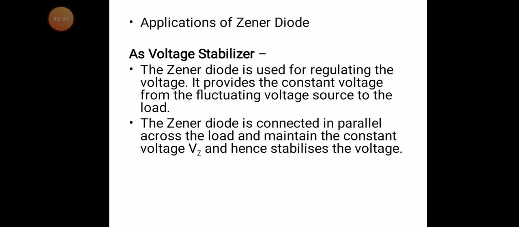If there is a hike in the voltage, the output voltage stays the same, and the hike is converted into current only. In this way it protects the device by regulating the fluctuating input voltage. The Zener diode provides a constant voltage from the fluctuating voltage source to the load.